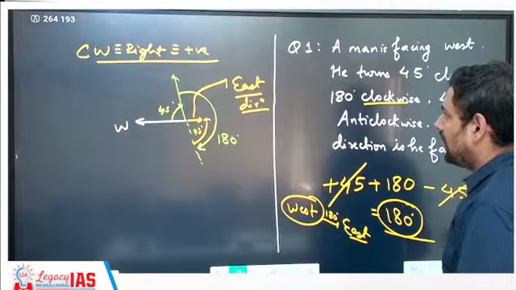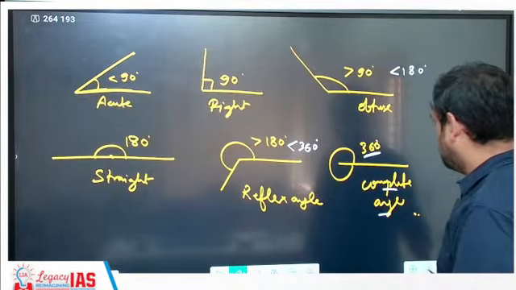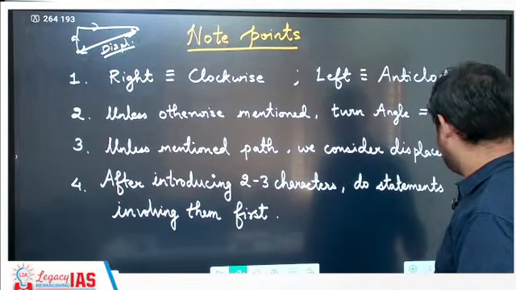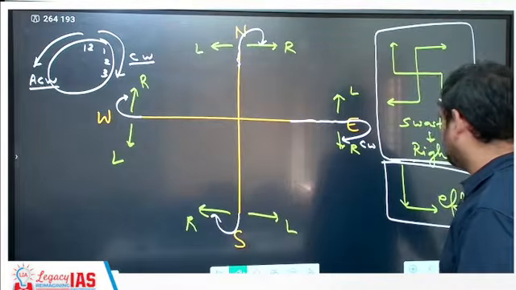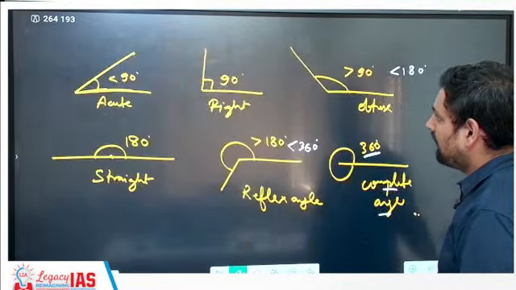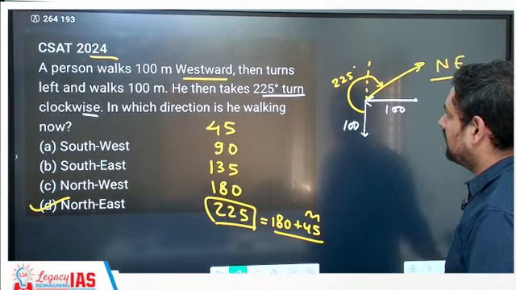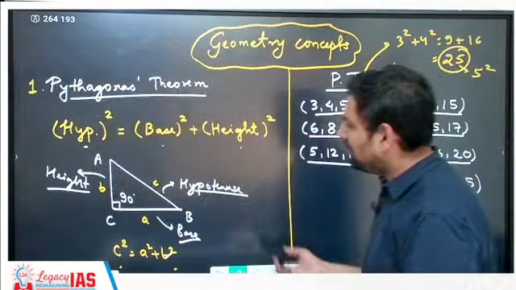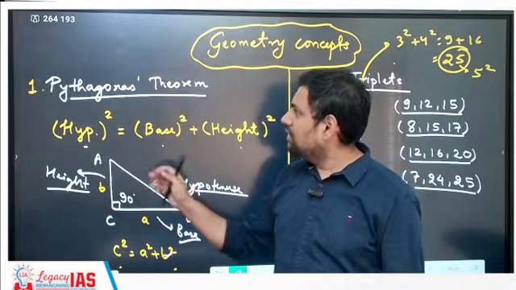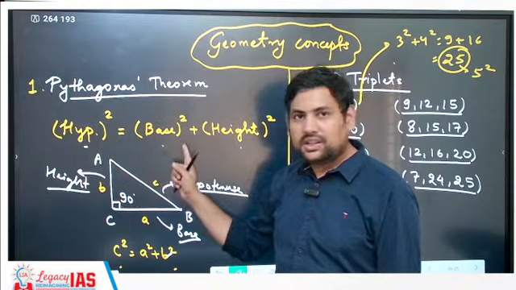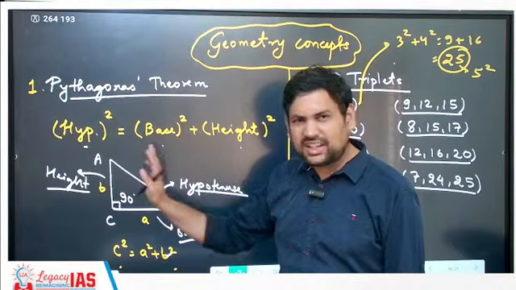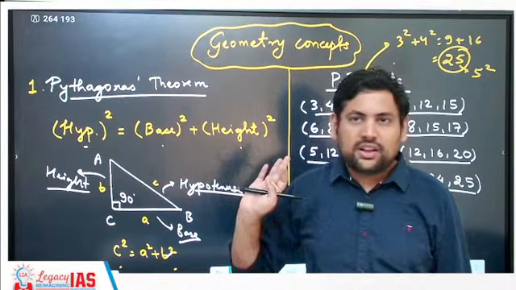Triangles and angles. Yeah, so triangle, Pythagorean triplet. Pythagorean theorem: hypotenuse square is equal to base square plus height square. Nothing much, you just need the Pythagorean theorem.